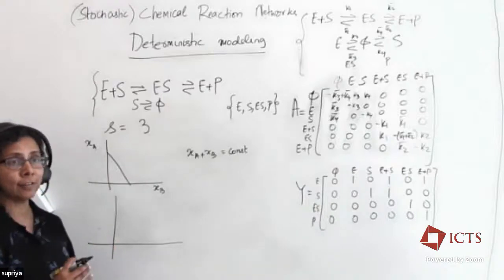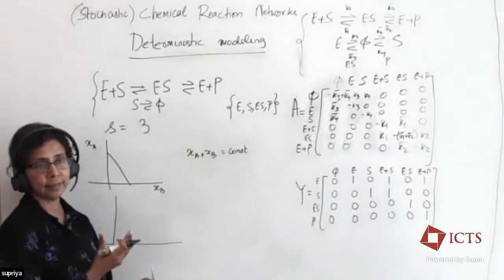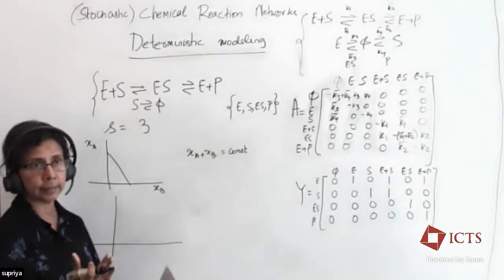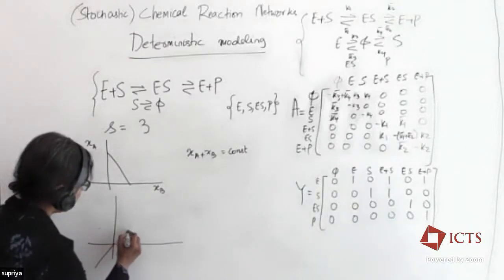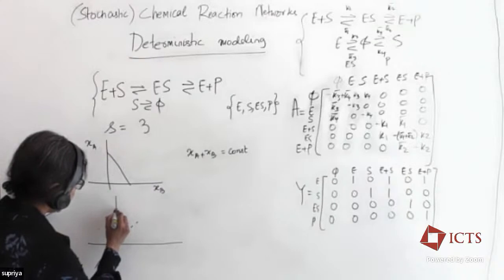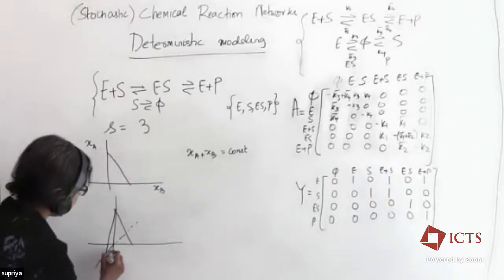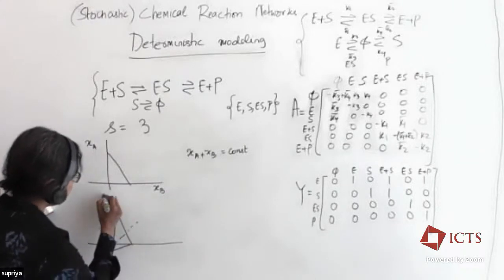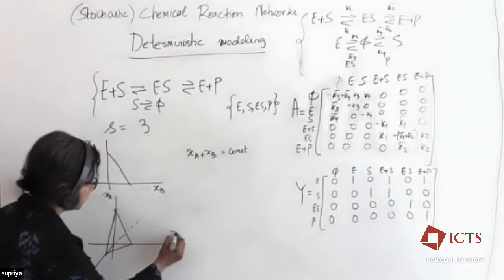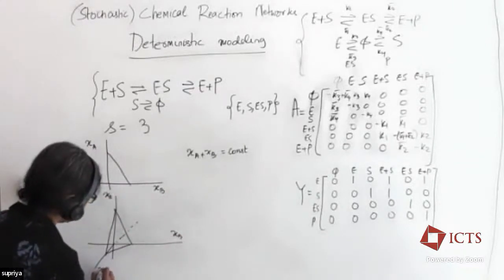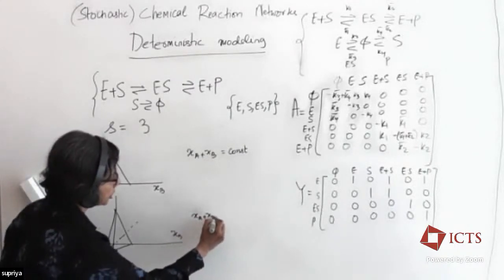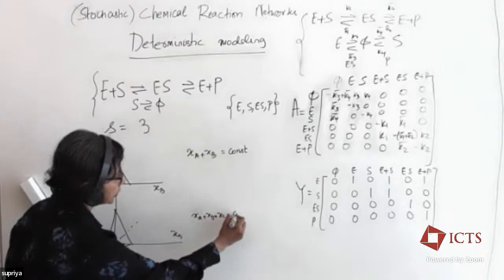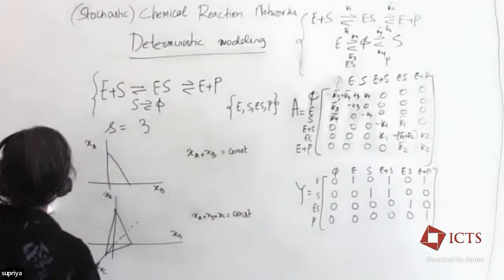So why stoichiometric subspace? It can be a subspace. It could be the whole space, species space. So for example, yeah, this is not a good drawing, but you see what I mean. If I have 3 species, XA, XB, XC, can you see that?